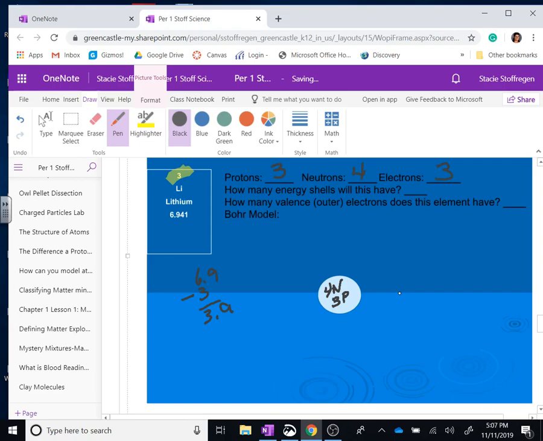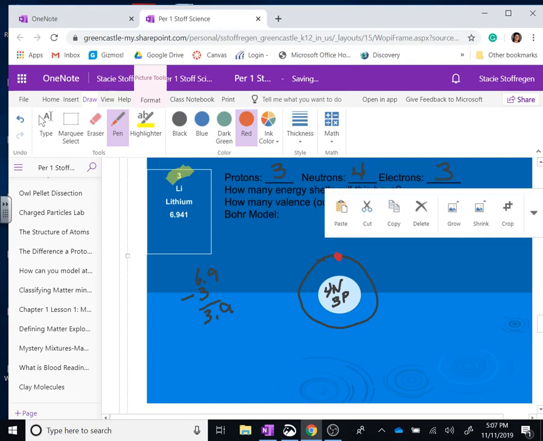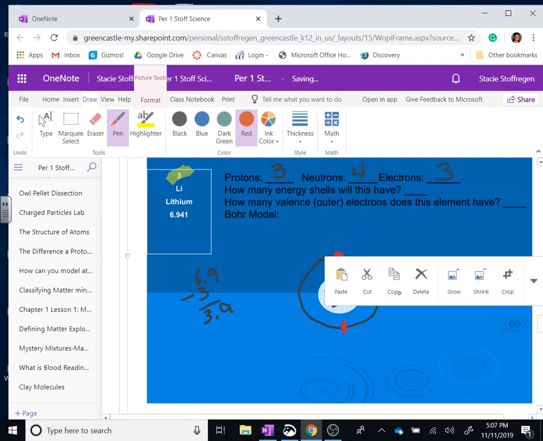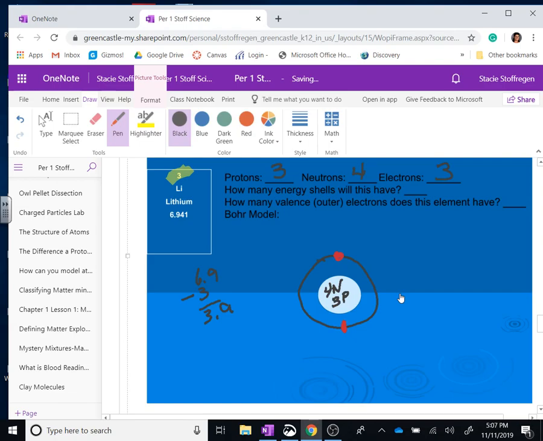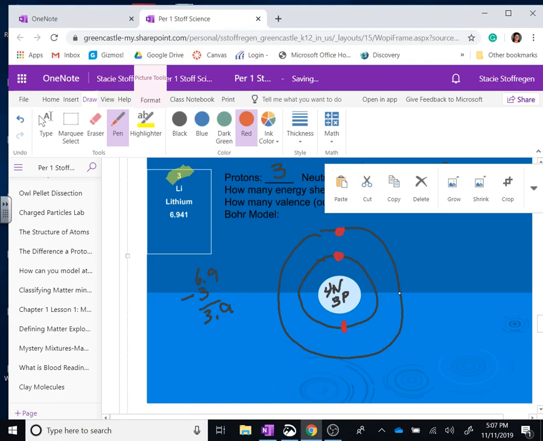So then we're going to draw our first shell. I'm doing my electrons in red just so these will show up a little better. So I'm going to put 2 electrons in the first shell, which then requires us to have another energy level or other shell, which only has 1 lonely one.